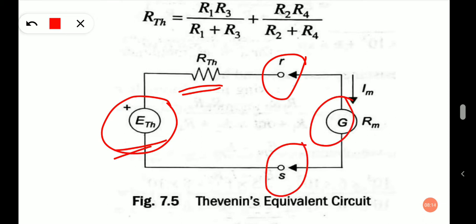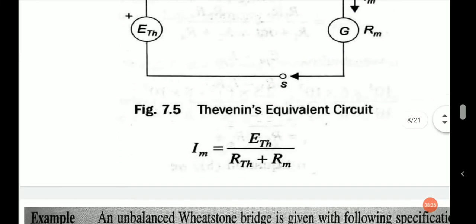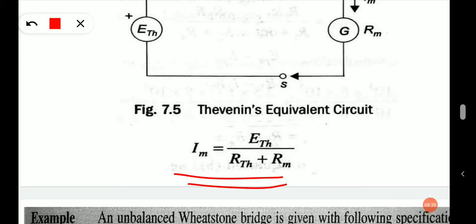Through the galvanometer, the current can be calculated as Im equals ETH upon RTH plus Rm, where Im and Rm represent the galvanometer current and resistance respectively.